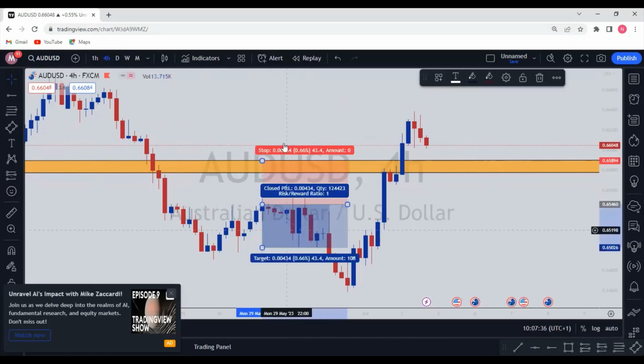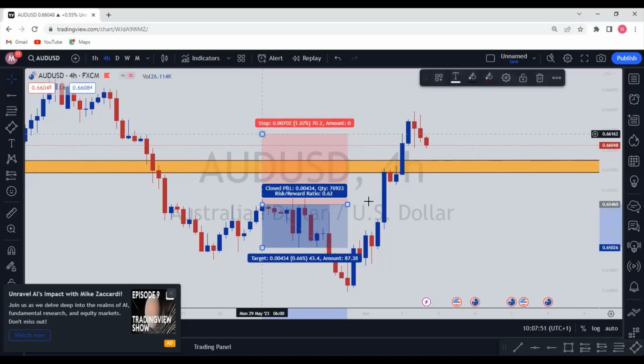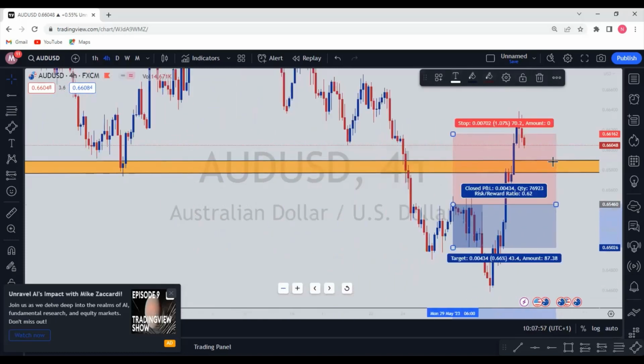And with my stop loss, I think it was 70 pips, or something of this sort, and my target was 200 pips.